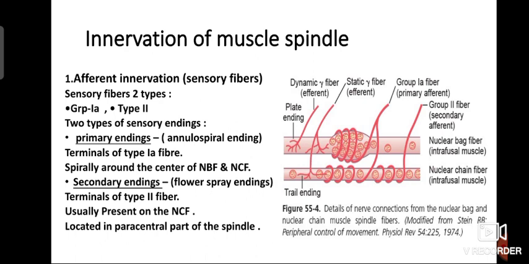The terminals of type 1A fiber spiral around the center of the nuclear bag fiber and nuclear chain fiber. The secondary endings are also known as flower spray endings. Terminals of type 2 fibers are usually present on the nuclear chain fiber, located in the paracentral part of the spindle.